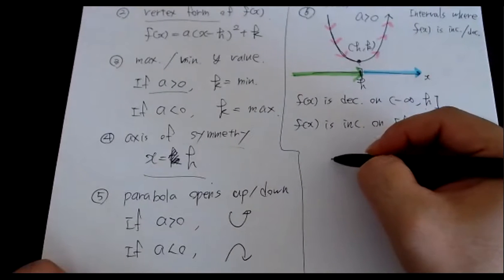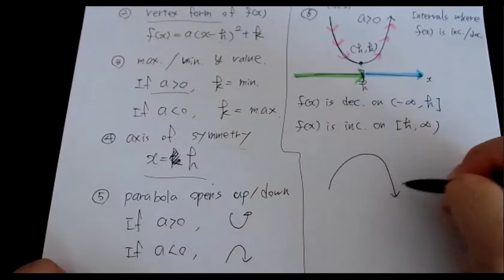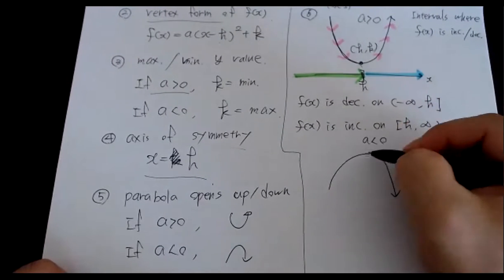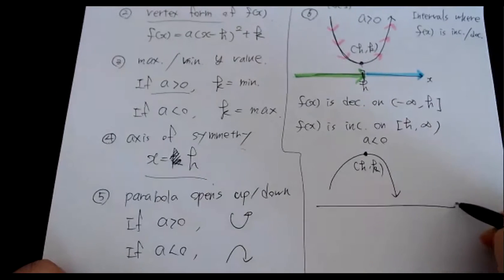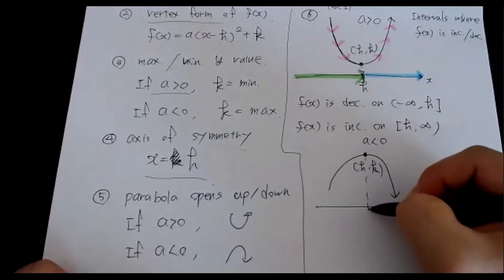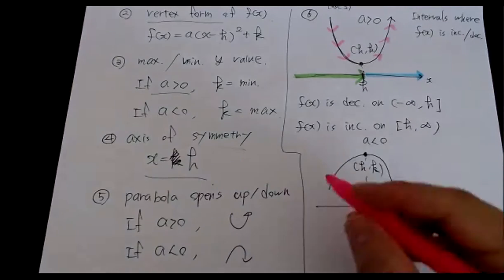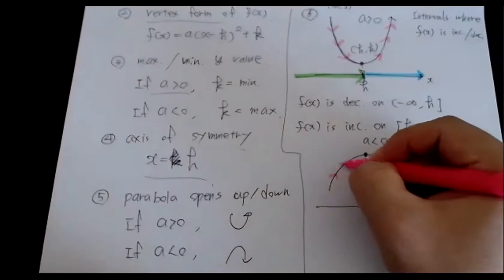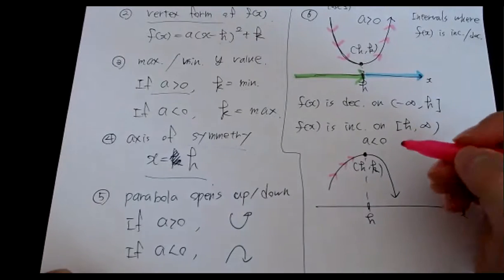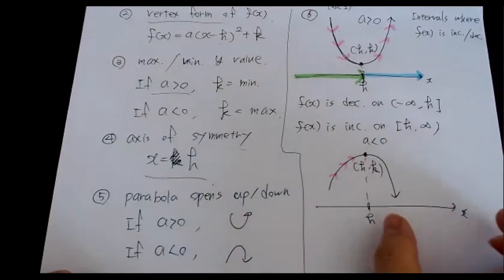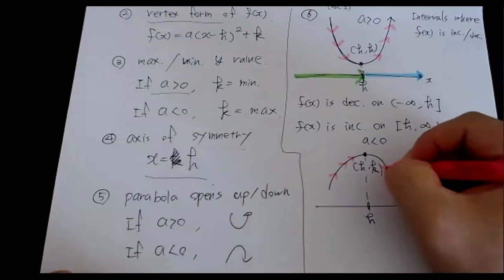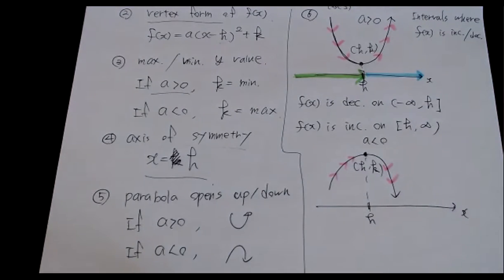The other case is when the parabola opens down, so a is less than 0. Here is the vertex point h comma k, and let's say this is the x-axis. Here is h. From negative infinity to h, the graph is going up, so the y value is increasing. On the other interval, the graph is going down, so the y value is decreasing, right?